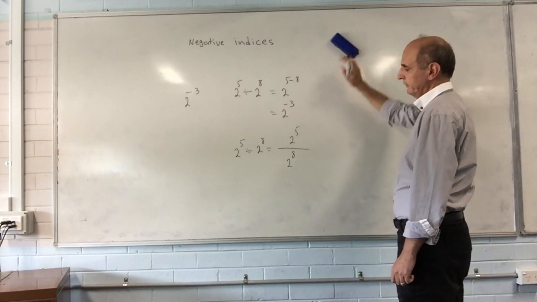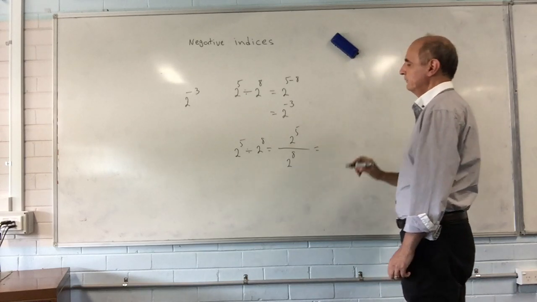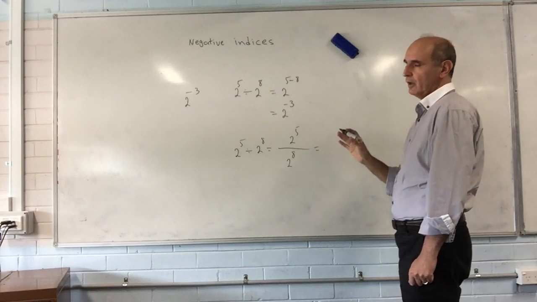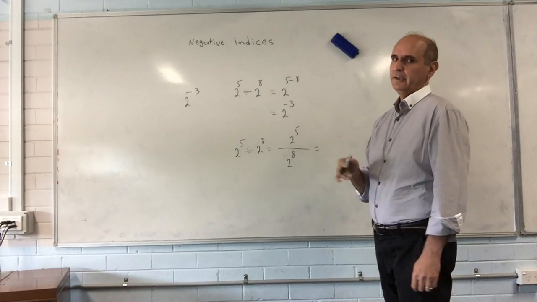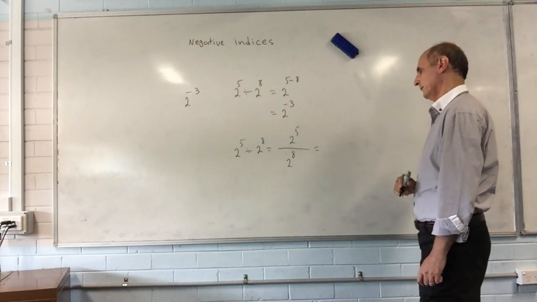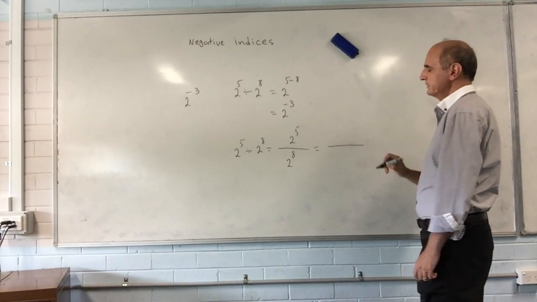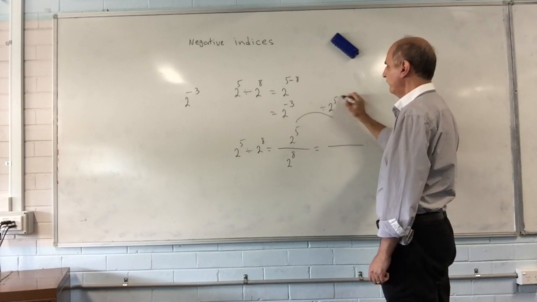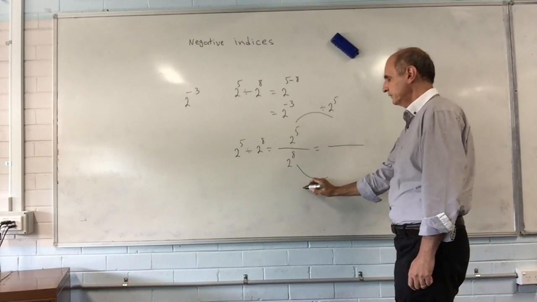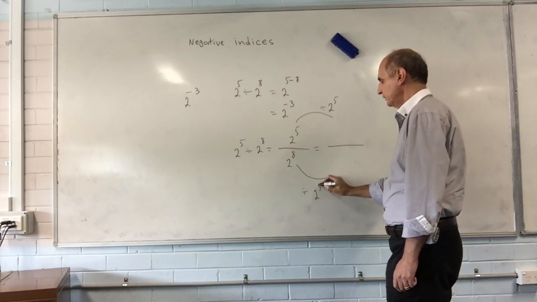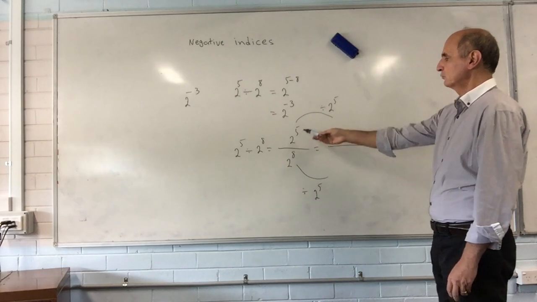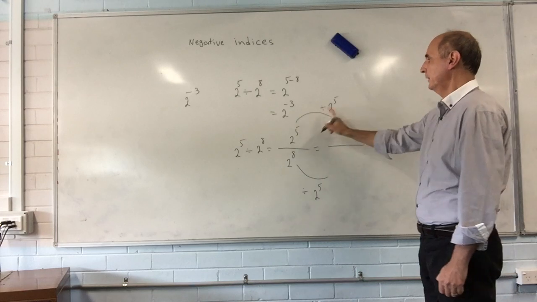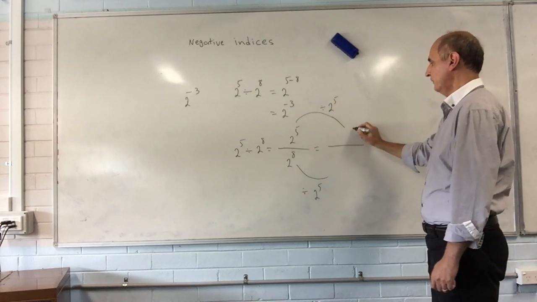We also know we can simplify a fraction by dividing the top and bottom by any number that goes into both of them. In this case, I can divide both by 2 to the power of 5. When you divide any number by itself, you get just 1.